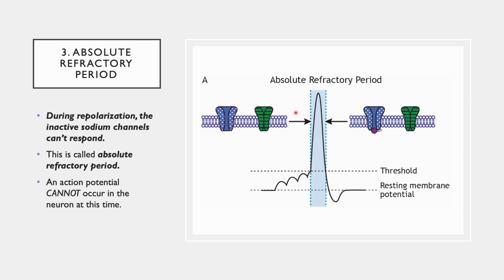If you remember, action potentials can't usually occur until they reach a threshold of about negative 55 millivolts. This is known as the absolute refractory period because an action potential cannot happen at this time. It absolutely is not possible. And it's after this absolute refractory period at the overshoot in which the potassium gates will open. Let's move on to that next step in the next slide.